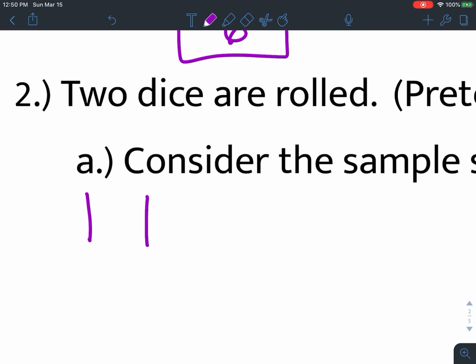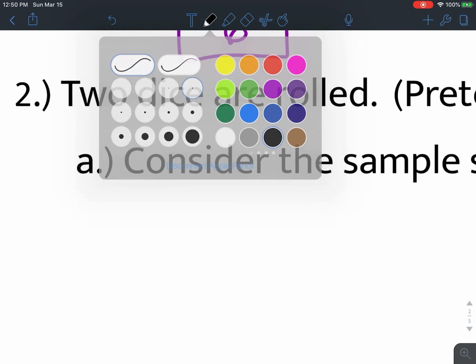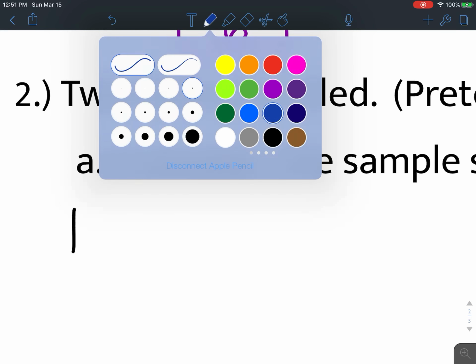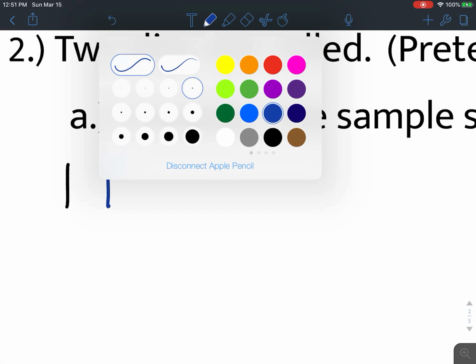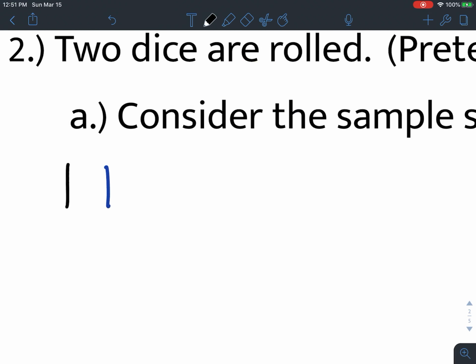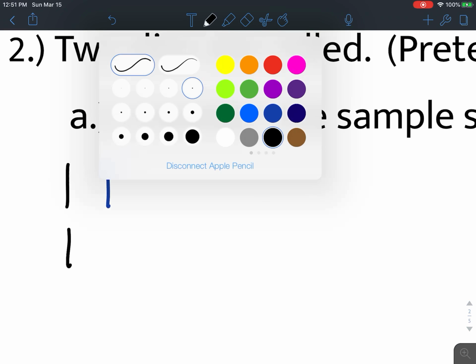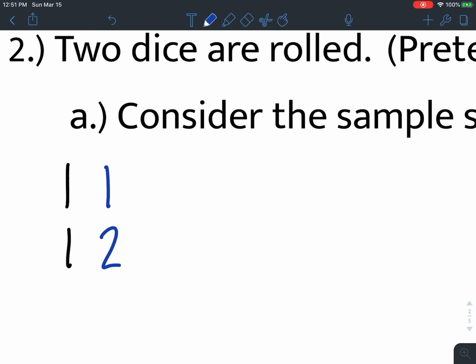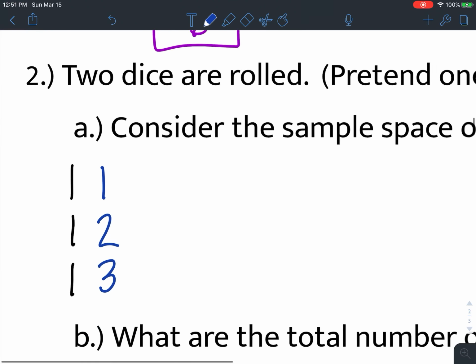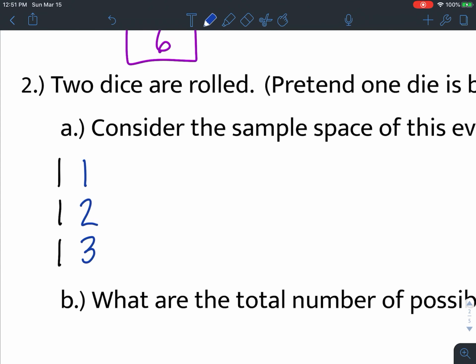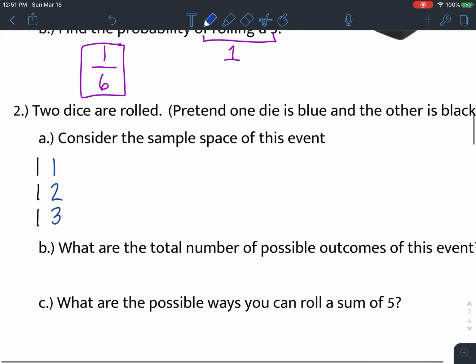Let me actually change these colors to black and blue. So I could roll a 1 and a 1. I could also roll a 1 and a 2. I could roll a 1 and a 3. Now, obviously, I could keep going, but let's not get nuts. That would take all day.